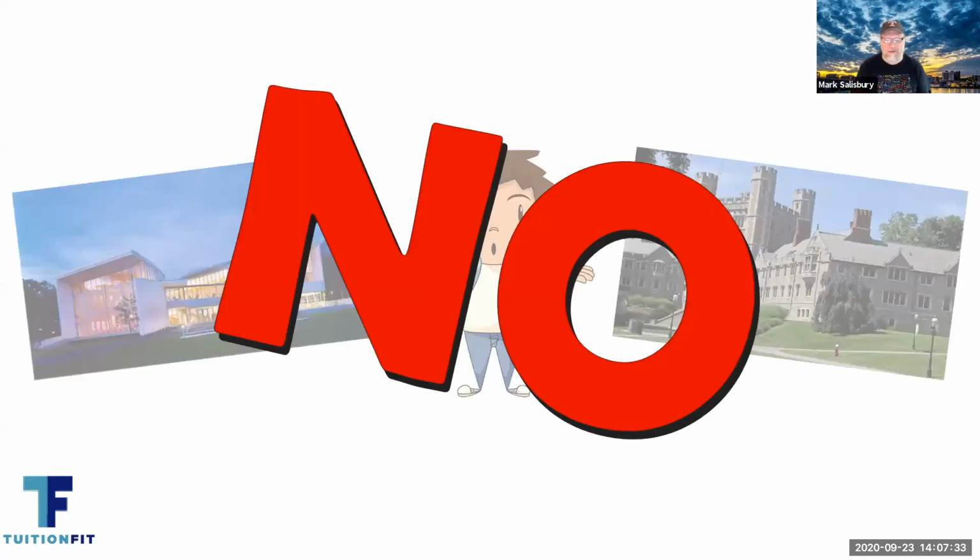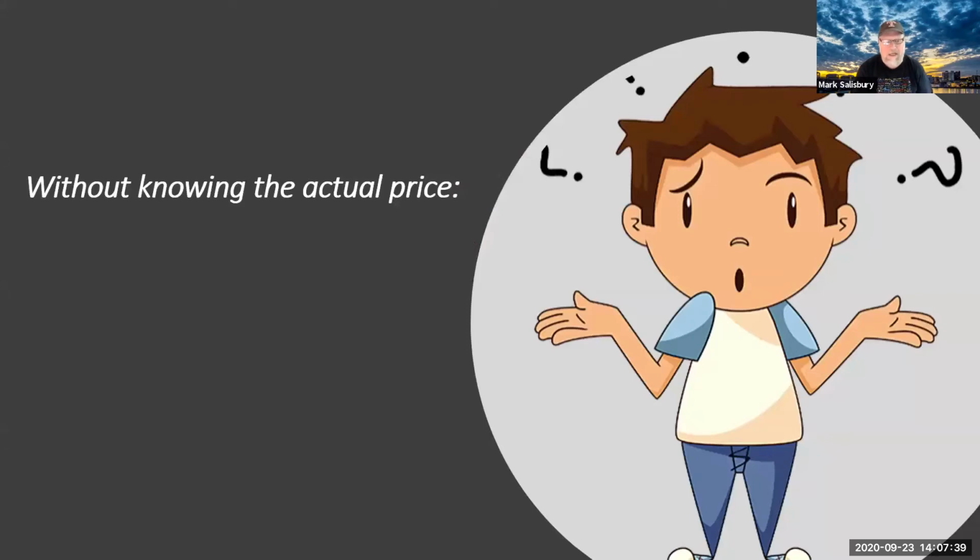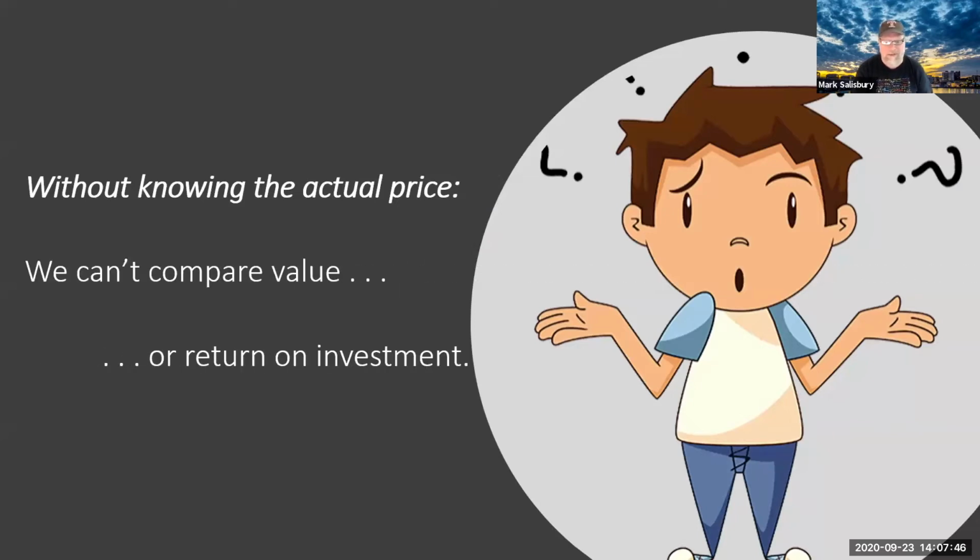So I'm going to argue that we shouldn't start by comparing colleges, because when we do that, we don't know the actual prices. And so when we start by comparing colleges, we get sucked into an environment where we really can't compare value and we can't compare return on investment, because value is a very specific and individual construct, and value doesn't really come out of the abstract until you know what your actual price is going to be.